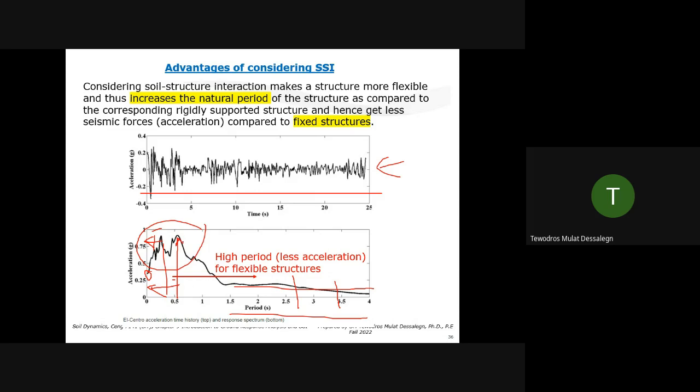A building designed with fixed base at around 0.5 second, by accounting for the flexibility of the soil or rock, we can increase the period of the entire system to, let's say, 2 seconds. Let's say it moved from 0.5 to 2 seconds. So what's the impact now? Is it better to design at a 2 second fundamental period, or is it better to design at a 0.5 second fundamental period?